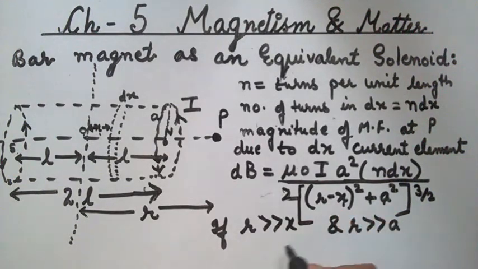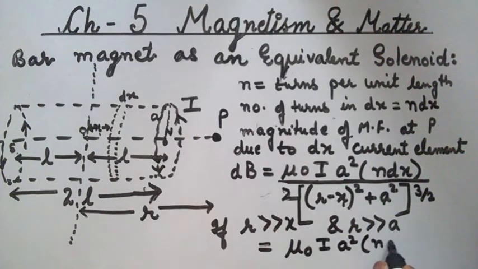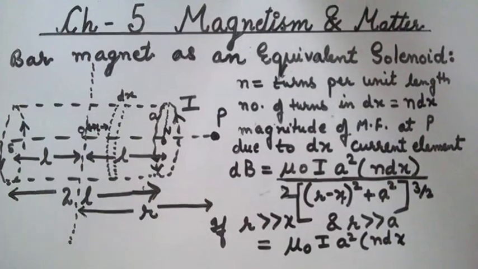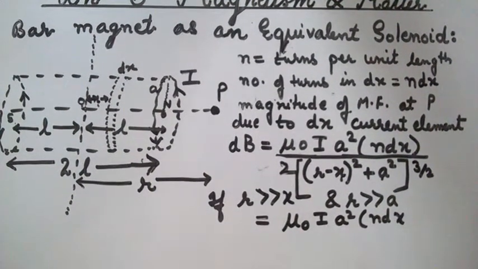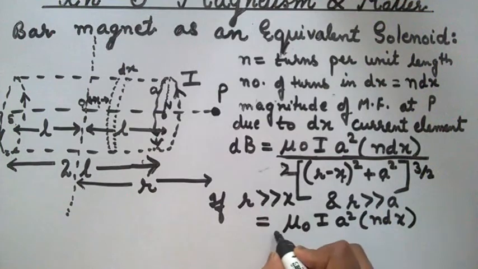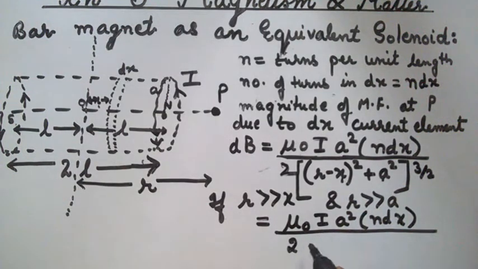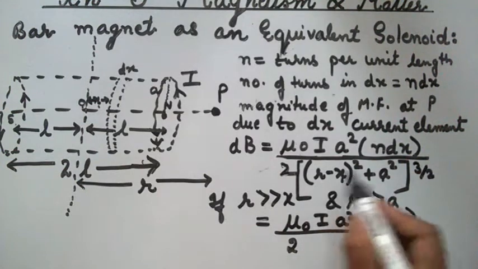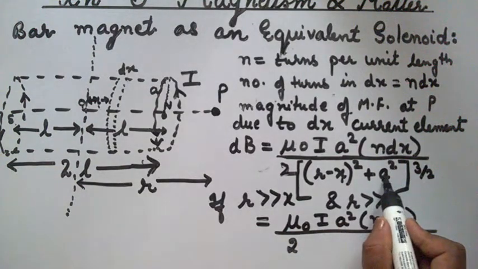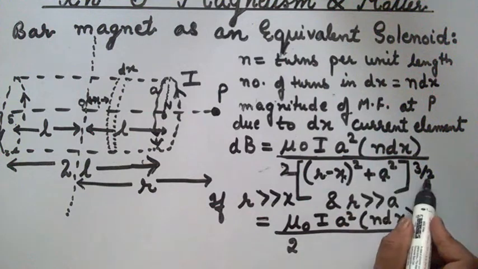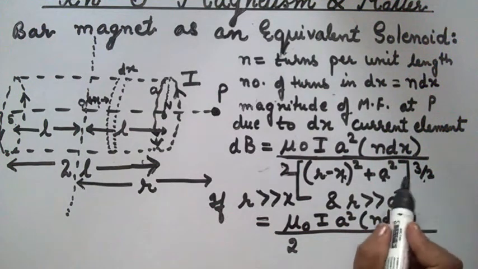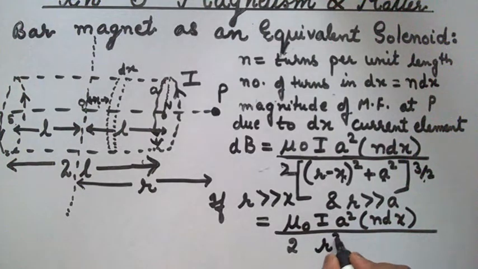Therefore, in the denominator we get r square, and the numerator will be as it is, mu naught I a square and dx, upon r square; this 2 will cancel out and we remain with r cube. This is the value of the small magnetic field.